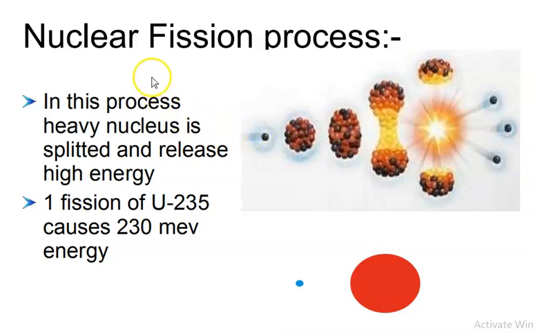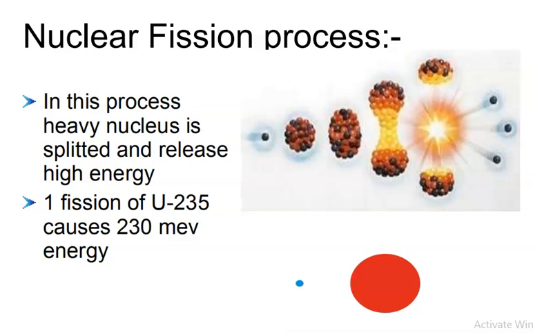Whereas in fission, a heavy nucleus is split into two or three or more smaller nuclei. Fusion takes place in the sun, where two hydrogen nuclei combine to form helium, thereby releasing a tremendous amount of energy.